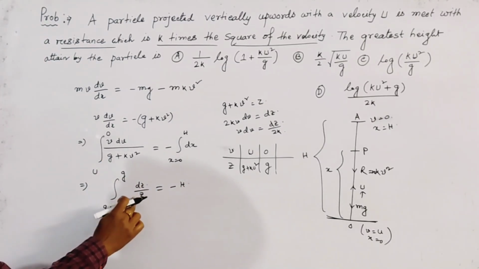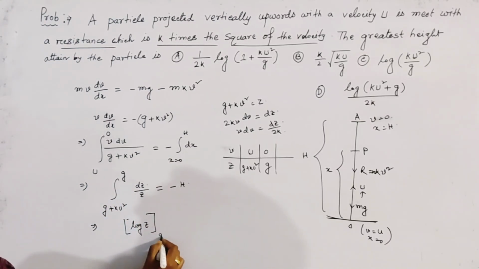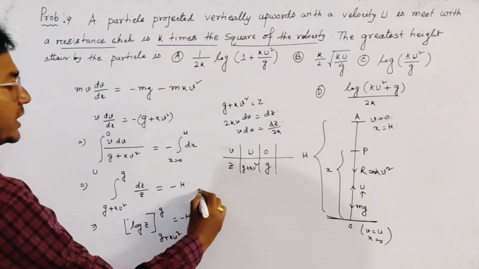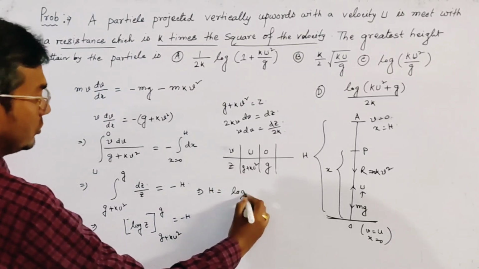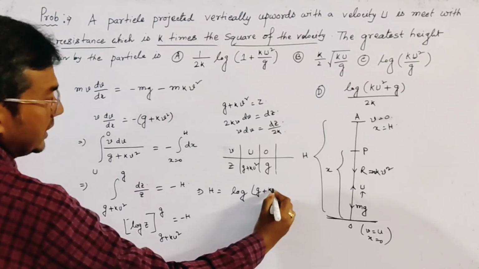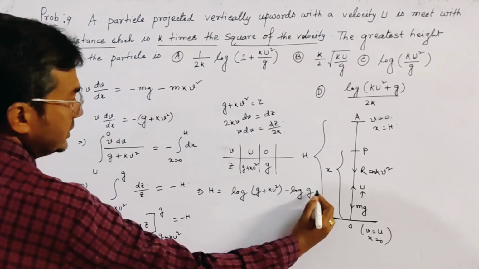Now the integration of the left side is given by log z, with the range g plus k u square to g, and this is equal to minus H. So the greatest height H is given by log of g plus k u square minus log g.